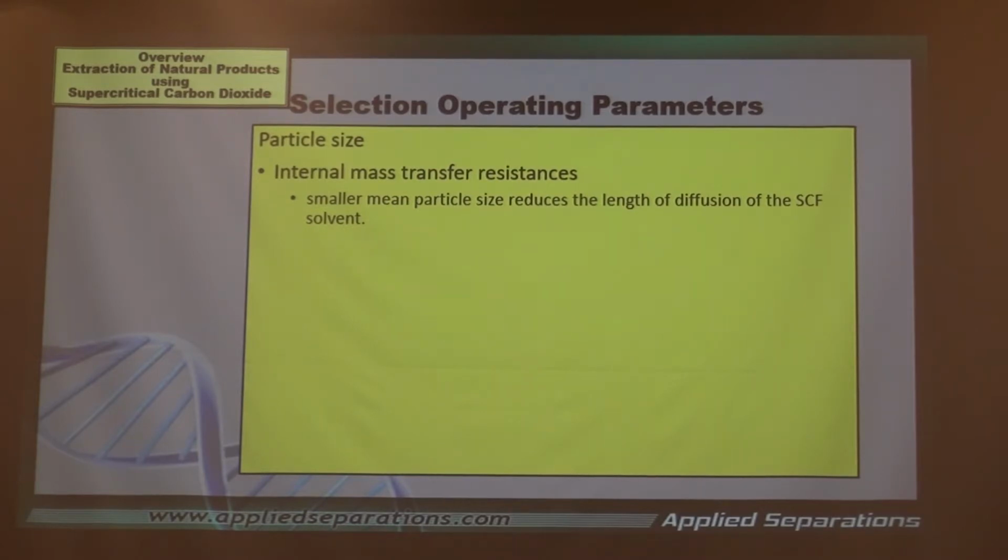However, there is a challenge to this as well. If you make the particles too small, then you run into problems such as channeling. The CO2 will not move directly through the entire bed, but will move along the path of least opposition.